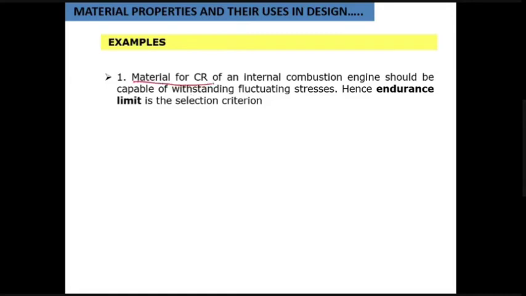The material for the connecting rod of an internal combustion engine should be capable of withstanding fluctuating stresses, because the connecting rod is continuously reciprocating and is connected to the piston and the camshaft. There are no static stresses, there are fluctuating stresses.